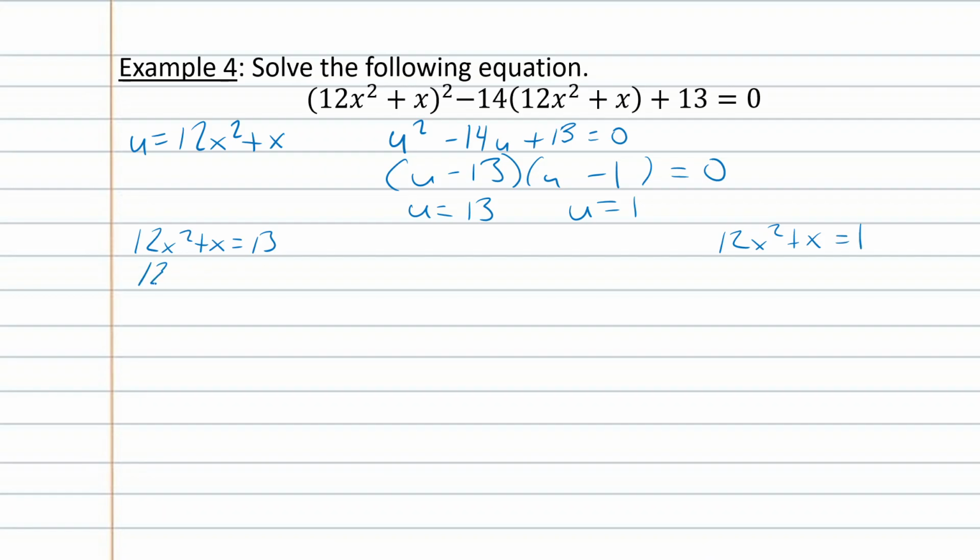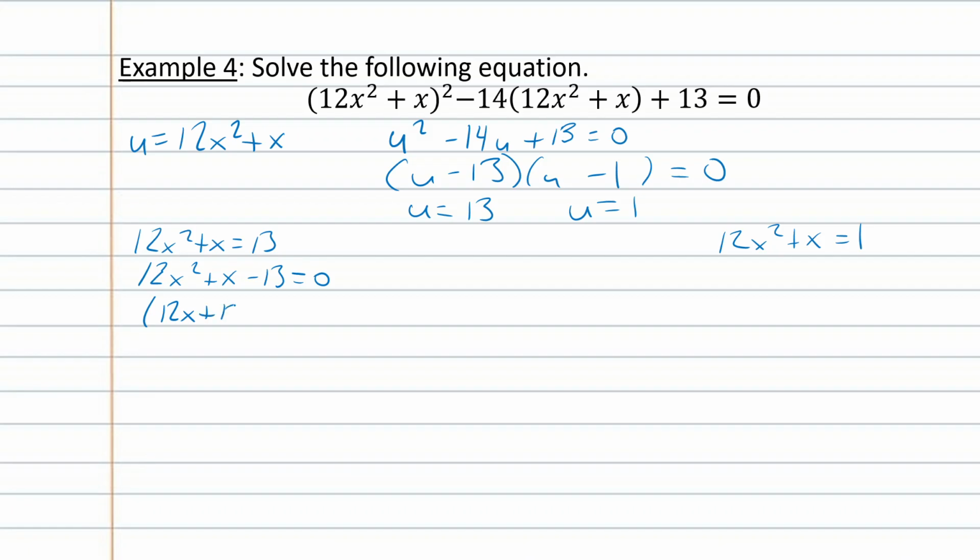And then I can bring everything to one side. We'll start with this one on the left hand side, so I get 12x squared plus x minus 13 equals 0. Now we can sit here and we can try to factor this one. Like I said, if you need a review in factoring, you're going to have to go and YouTube a separate video for it, because that's prerequisite information at this point.